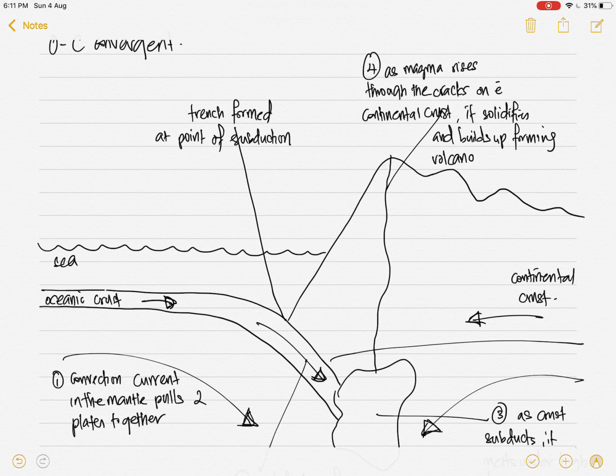Keep in mind, while this is a single volcano in a 2-dimensional diagram, in a 3D diagram, if that were ever shown in an exam setting or otherwise, you will realize that there are a lot of volcanoes. It doesn't just exist as a single one.